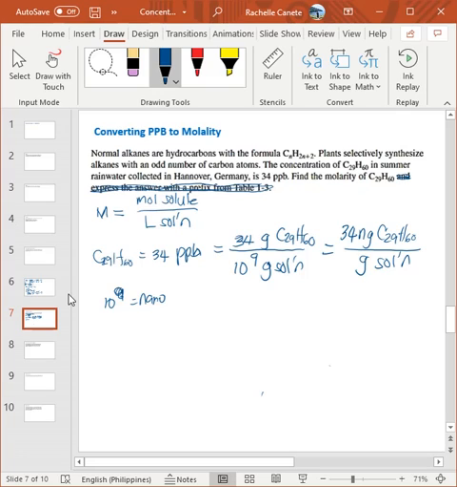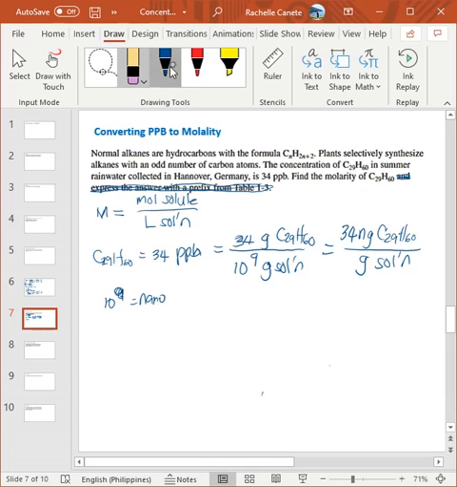Okay. Now, in ppb, we assume that 1 gram of solution is equal to 1 ml of the solution. So that means we have 34 nanograms of, or no, let's just go back.